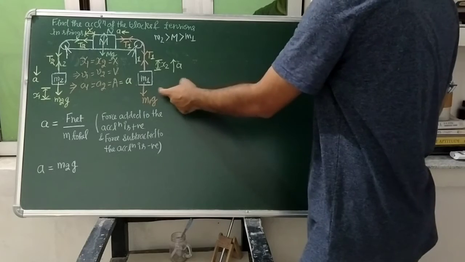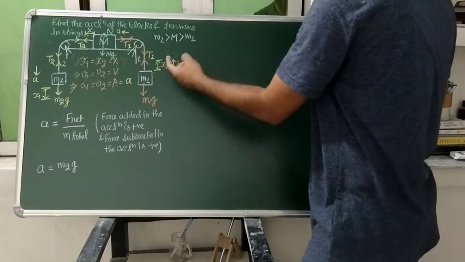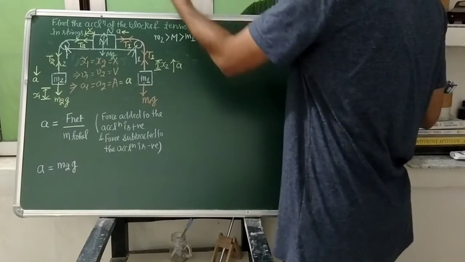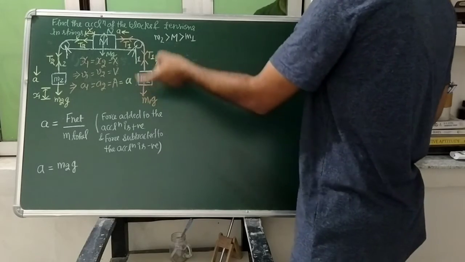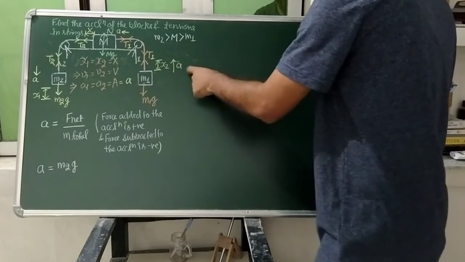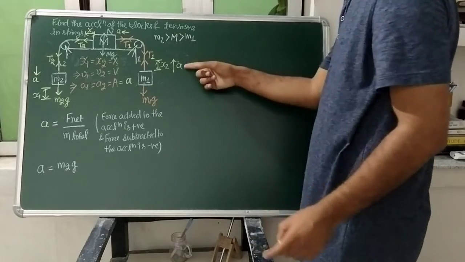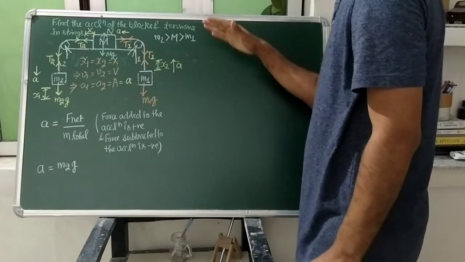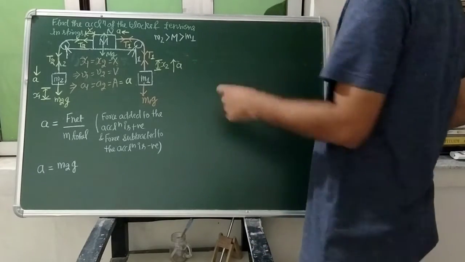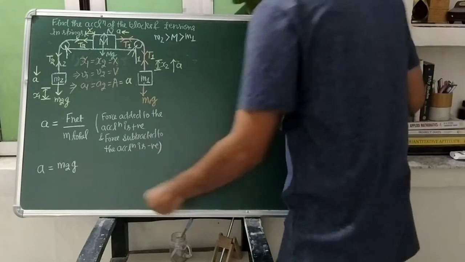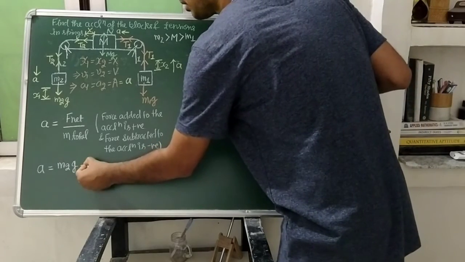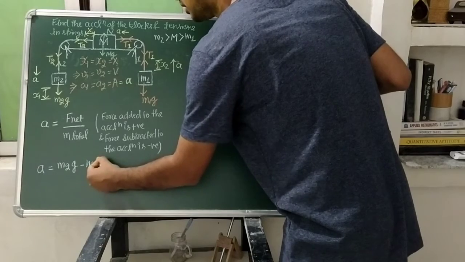And of course, what will we get here? This M1G is acting downward and the acceleration is in this direction. So this force is going to subtract from the acceleration. It is going to stop the acceleration. It is making a kind of obstacle to this acceleration. So a force subtracted from the acceleration will be negative. So this will become what? Minus M1G, isn't it?